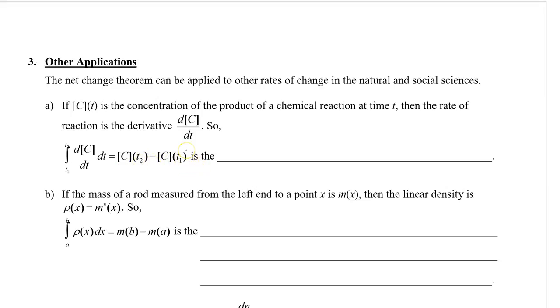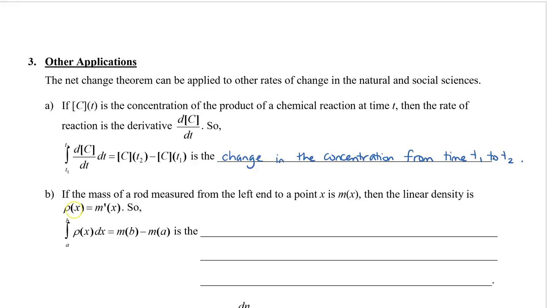So what this means is that this is the change in the concentration from a time of t1 to t2. So it's important that you know what the c and the t stand for. And if it gives you the units of measurement, you should include that as well.